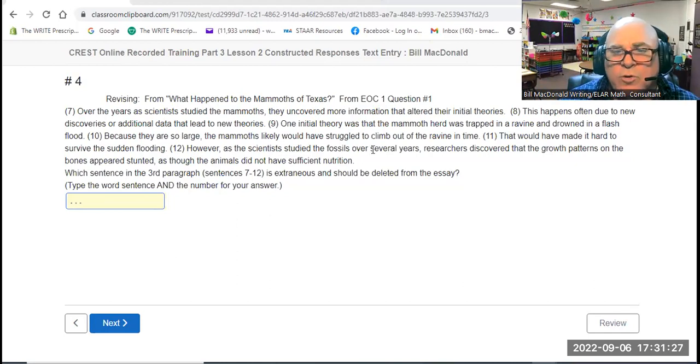And your other choice is going to be, however, as the scientists studied the fossils over several years, the researchers discovered that the growth patterns on the bones appeared stunted, as though they did not have sufficient nutrition.